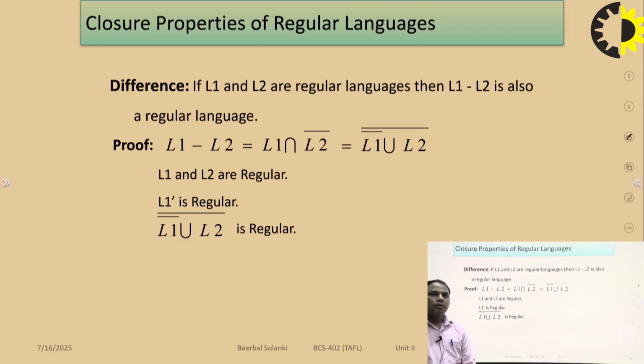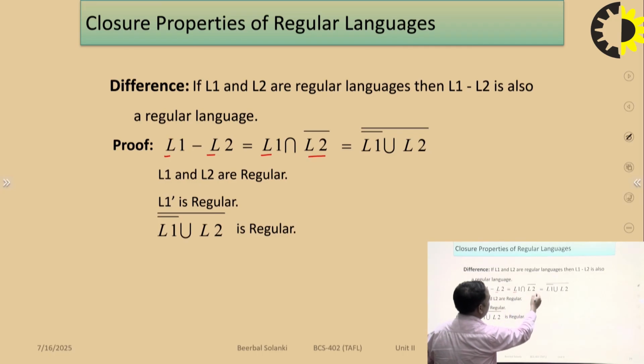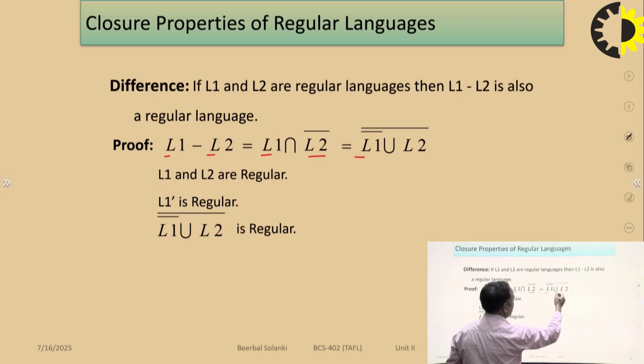Now the next property is the difference. If L1 and L2 are regular languages, then L1 difference L2 is also regular. The proof: L1 difference L2 equals the complement of L1 intersection L2, that is, L1 complement union L2 complement, whole complement.